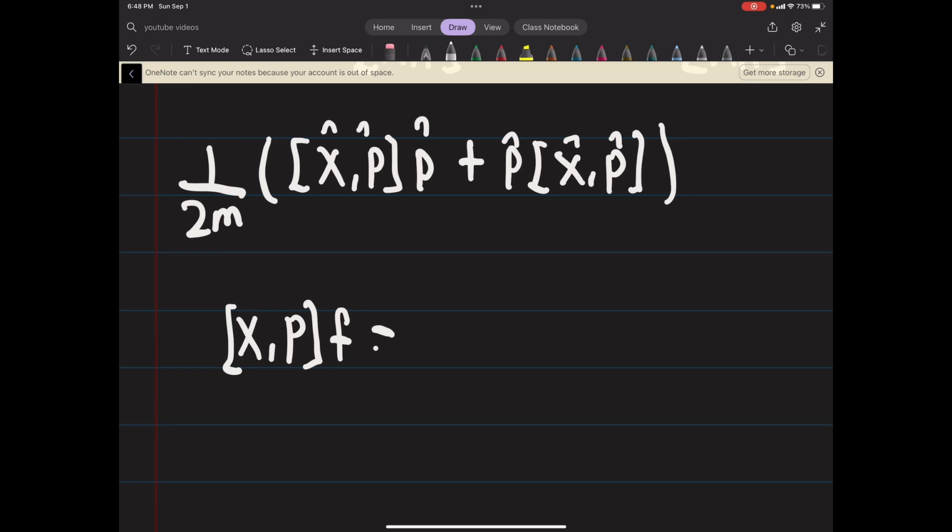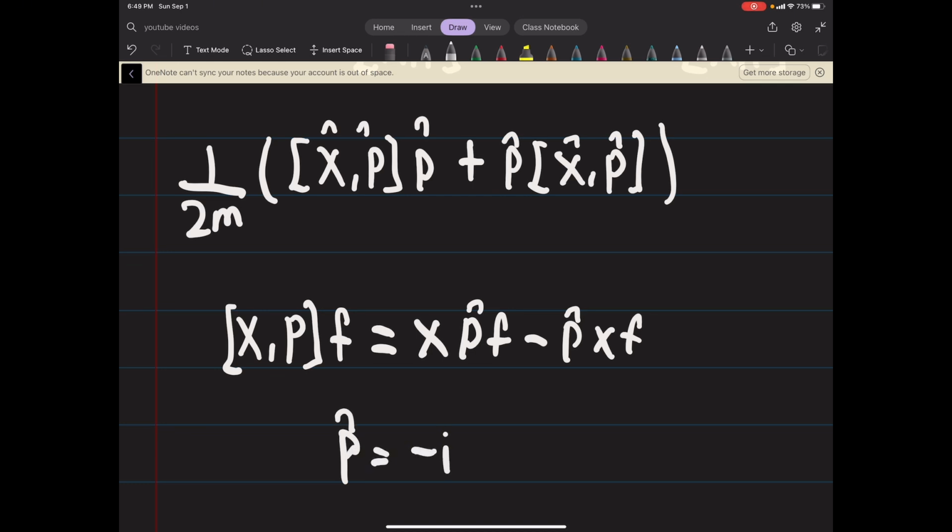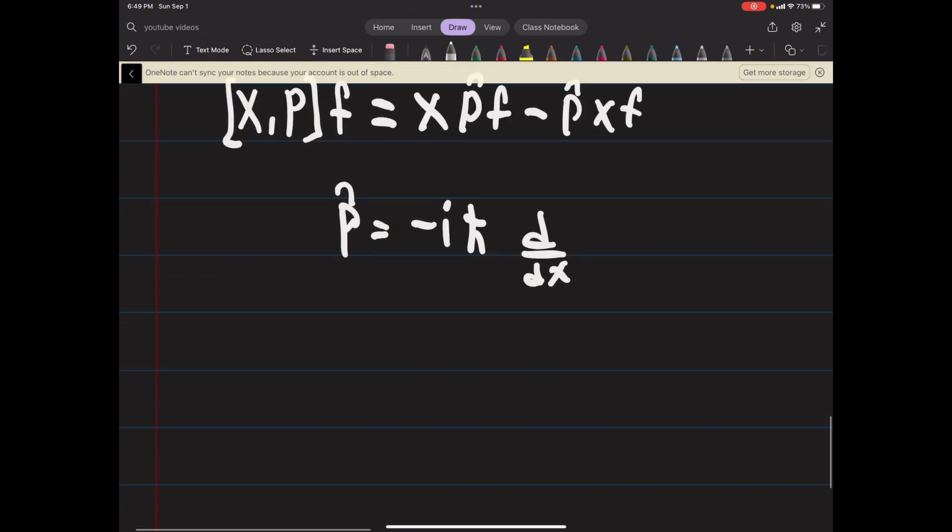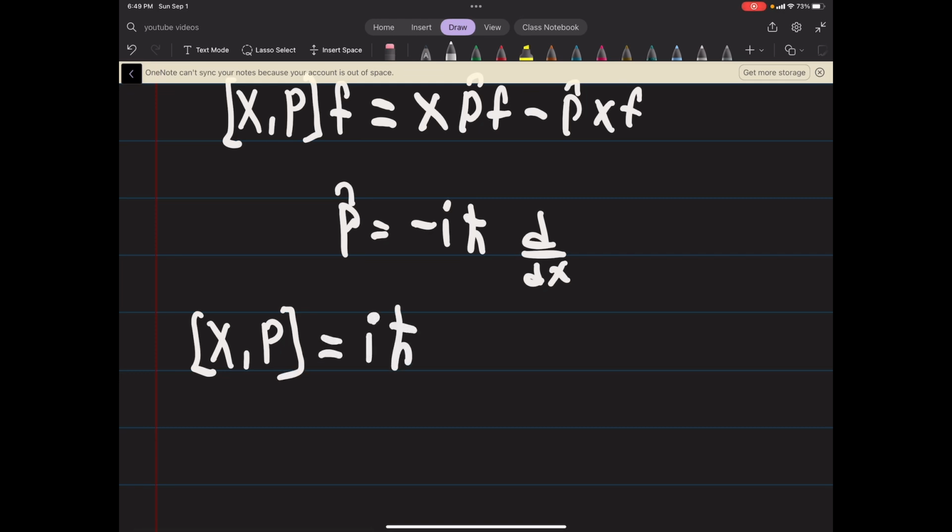You just give a test function f, and then just remember p hat is minus i h bar d by dx. If you want to rederive that, you can, but at the end of the day, this is equal to i h bar. Okay?